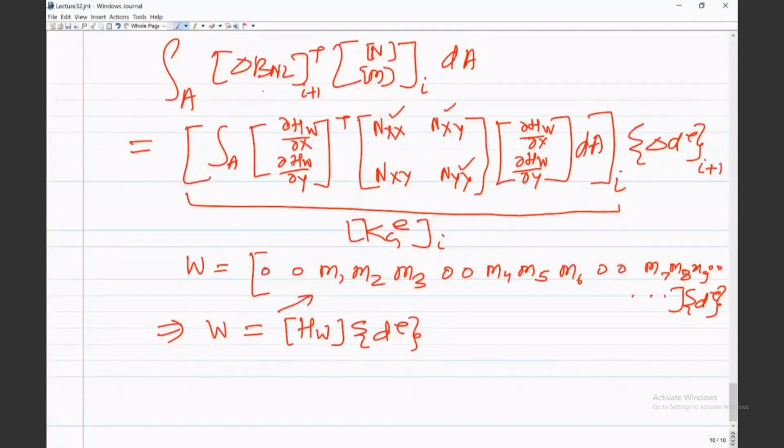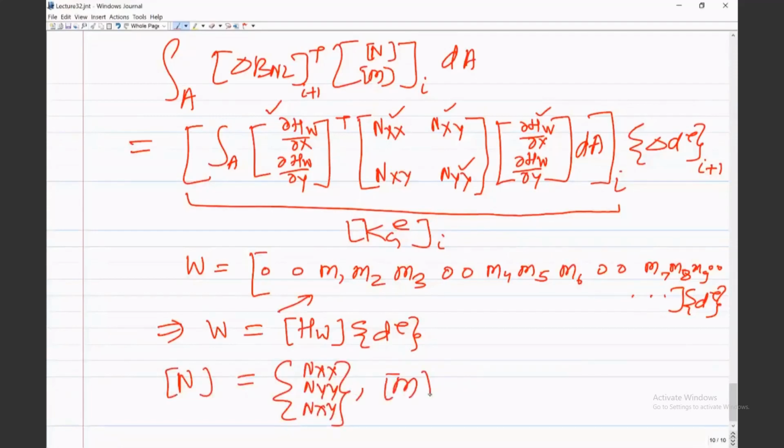First, you take delta BNL elements multiplied with N, and then rewrite it in such a way that on one side you have the W terms, and on the other side you have the delta W term. Delta W is written in terms of derivatives of the shape function and delta D. So N is a column vector, Nxx, Nyy, and Nxy. And similarly, M is a column vector, which is Mxx, Myy, and Mxy.